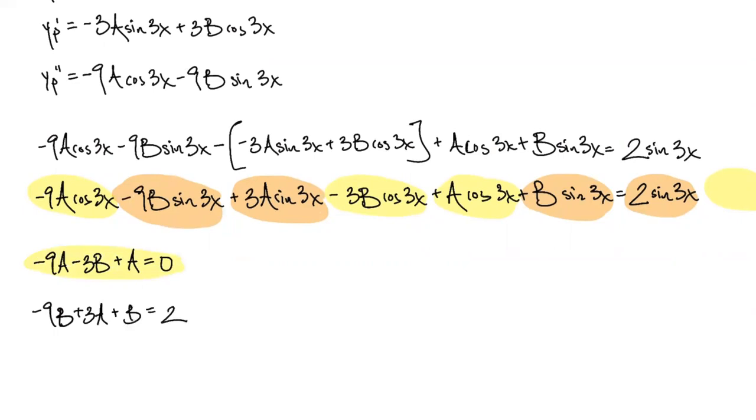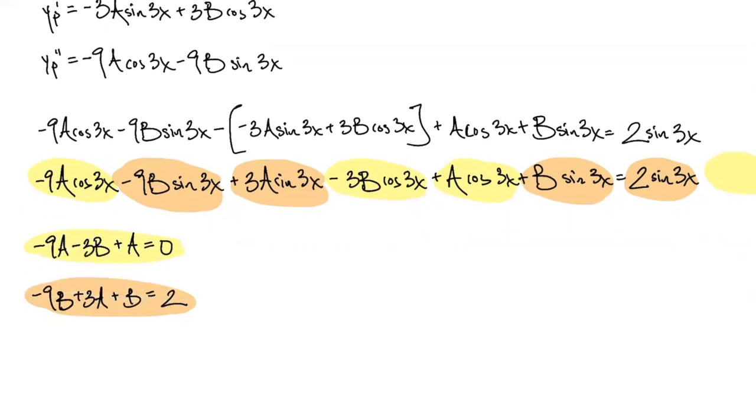And that is all of the orange terms. I can clean this up a little bit before I make a matrix, and I would encourage you to do that. You should get negative 8a minus 3b equals 0. And your second one will be 3a minus 8b equals 2.